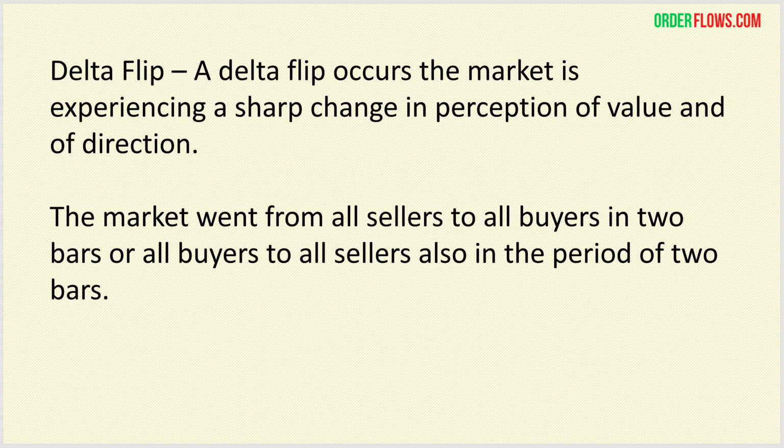I used to call this the Voltos flip, but this is really the delta flip. And what it is, is actually quite unique to order flow because it's not something you're going to see on a regular bar chart, obviously. And the reason why I call it the flip is basically because, in the old days, 20 years ago, there used to be this guy called the Flipper, Paul Rotter.